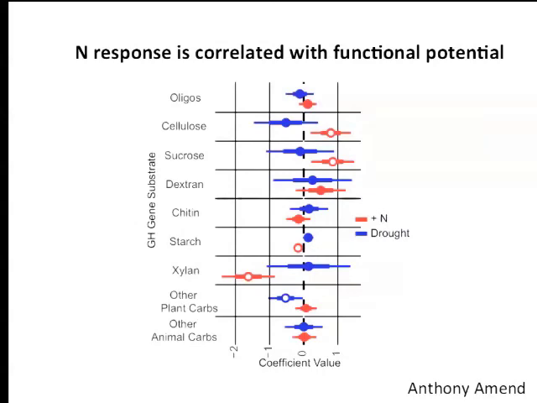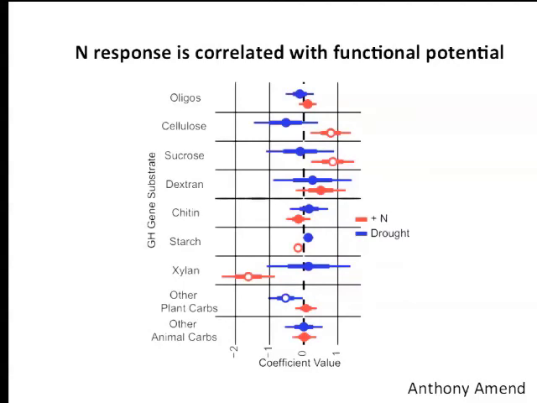So for instance, taxa that responded positively to nitrogen addition also tend to have more cellulases. And in contrast, taxa that responded negatively to nitrogen addition tend to have fewer glycoside hydrolases related to xylan degradation.